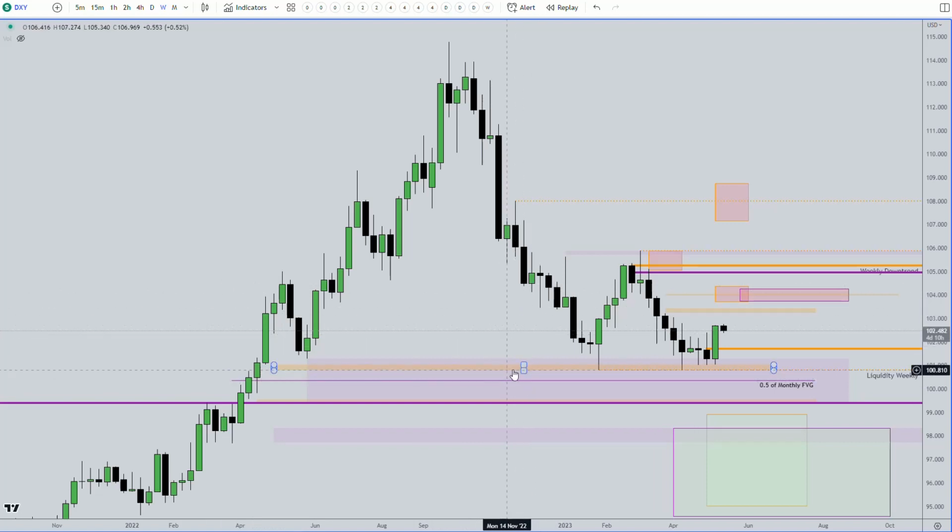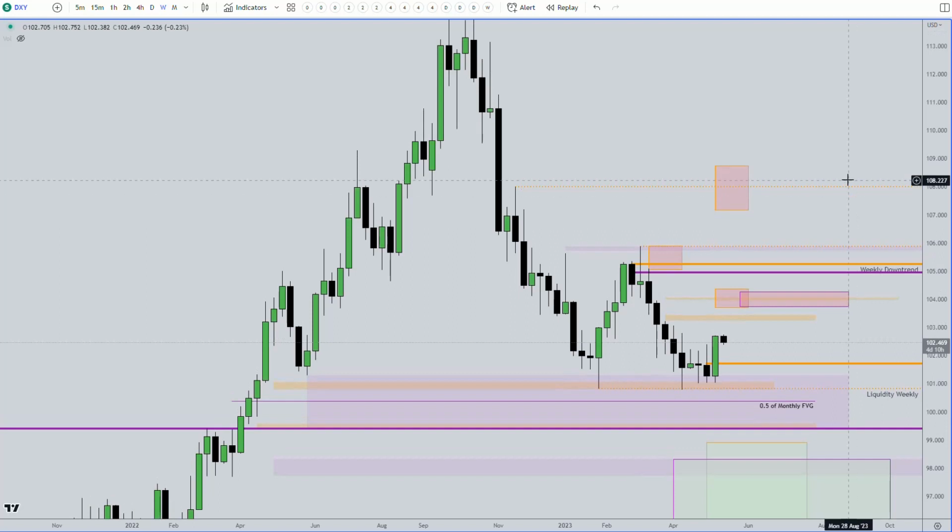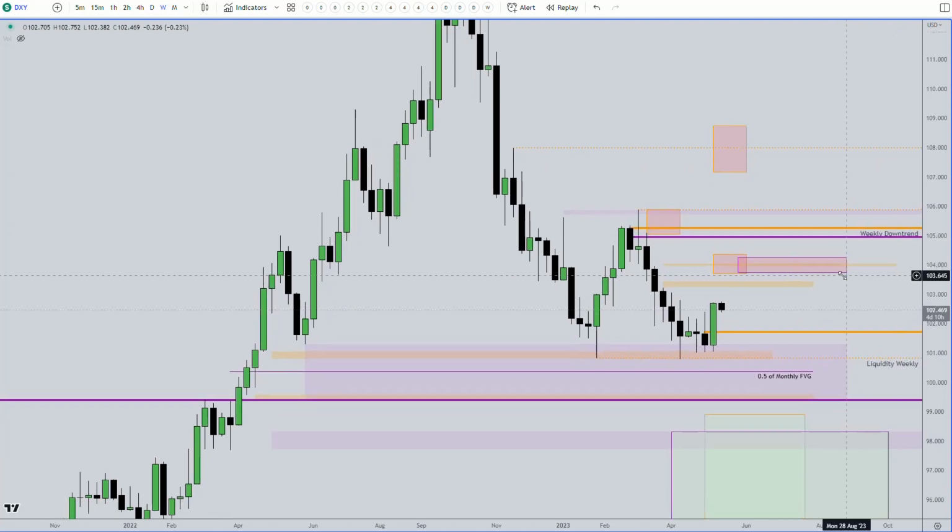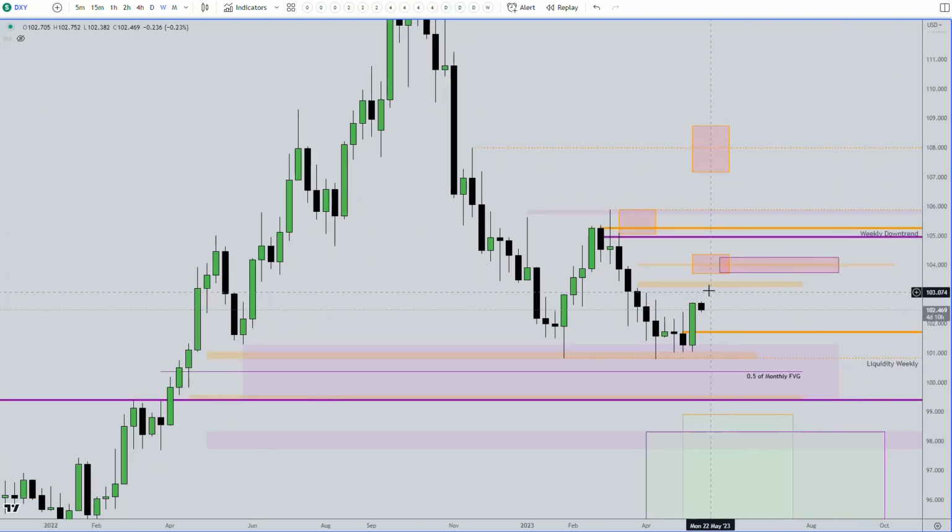Obviously, you need to combine that with resistance and support areas, and this is exactly what we have here. We have just broken market structure, at least shifted it on the weekly, on the DXY. We have bounced, or we are currently bouncing, from this weekly fair value gap at around 101. And if you have a closer look, where should price be headed to on the DXY?